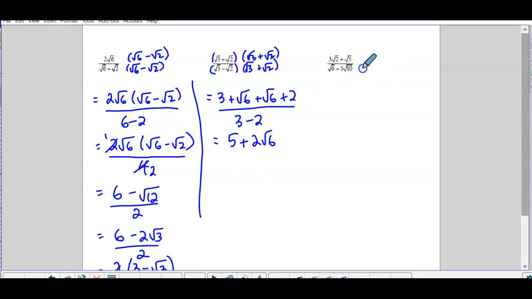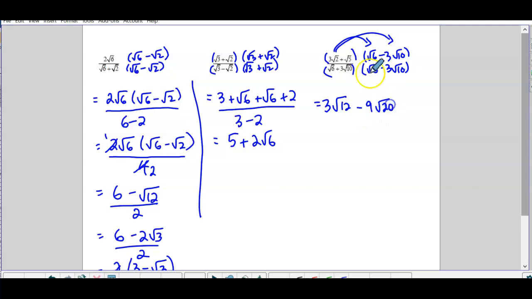And then here the conjugate is root 6 minus 3 root 10. Root 6 minus 3 root 10. And again, you've got 2 terms, numerator, denominator. So FOIL, so that's going to be 3 root 12 for the first together. Outside will be minus 9 root 20.